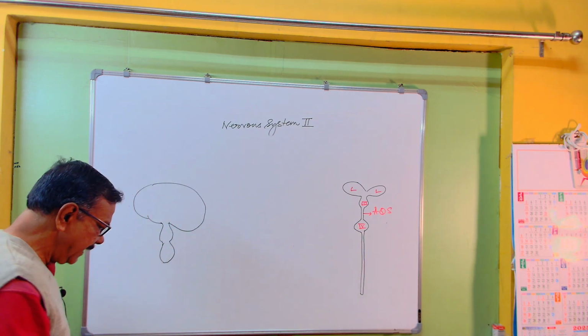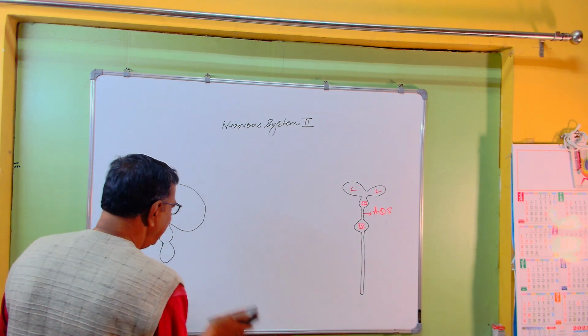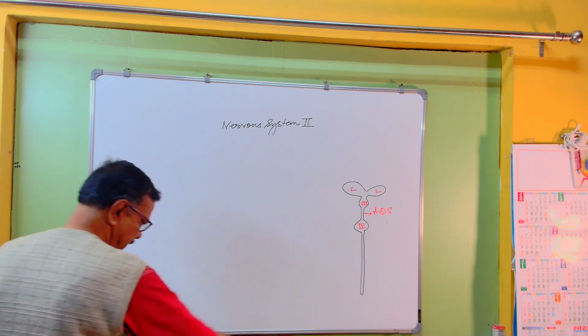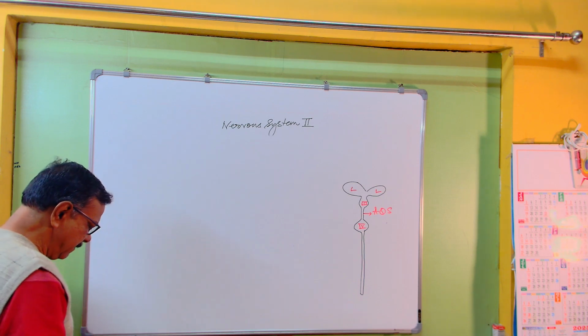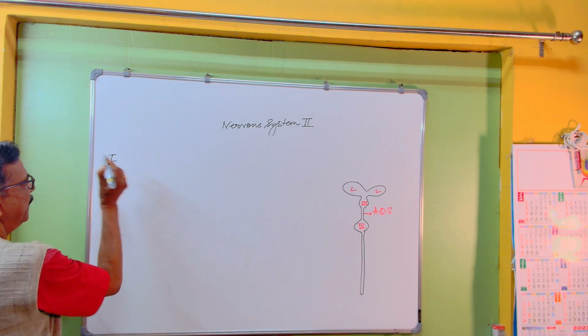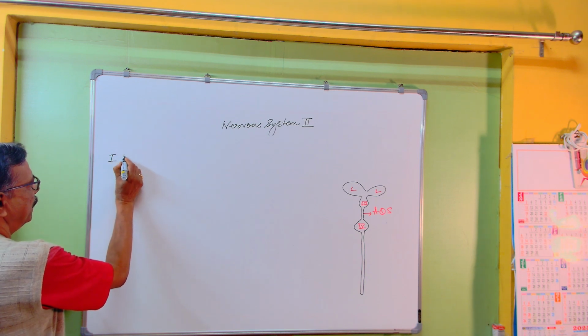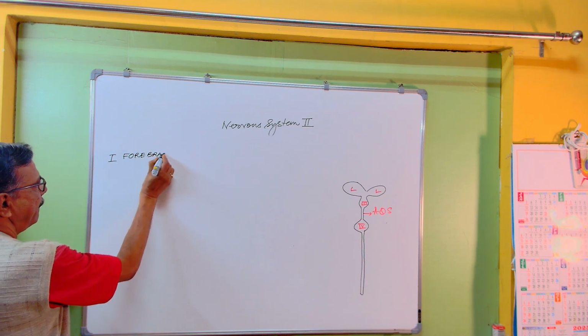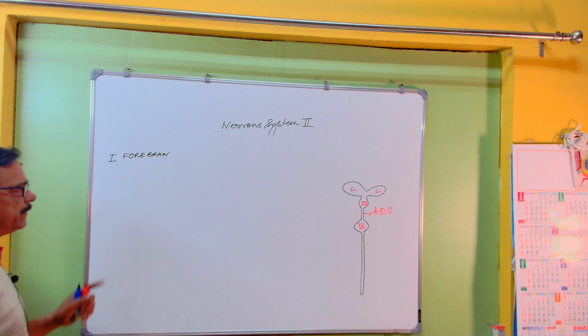Now, let us start with the cerebral hemisphere. The brain is divided into three. Number one is the forebrain. Clear?